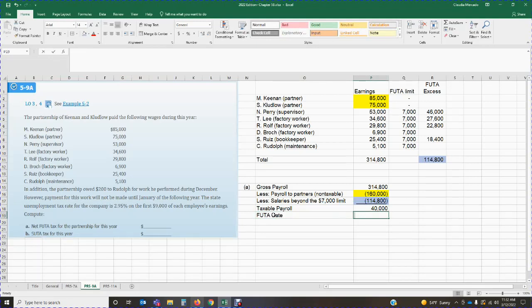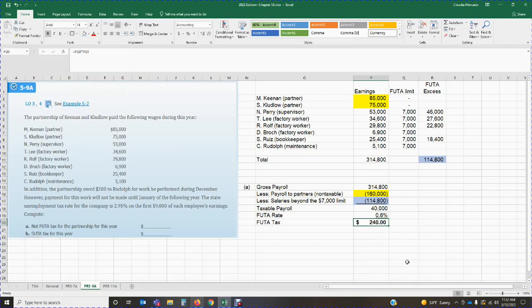My FUTA rate is 0.6%, and then I can calculate my FUTA tax. So my FUTA tax will be your 40,000 times your 0.6%, and that would give me $240. That will be my FUTA tax, 240.